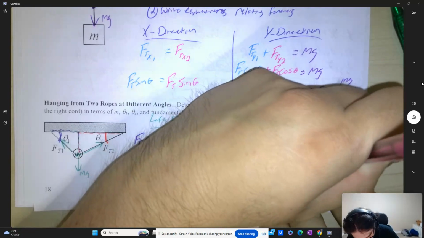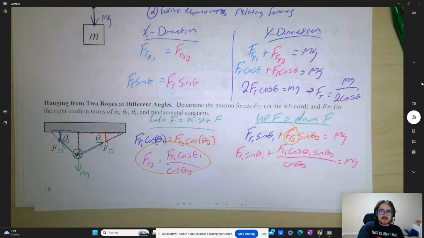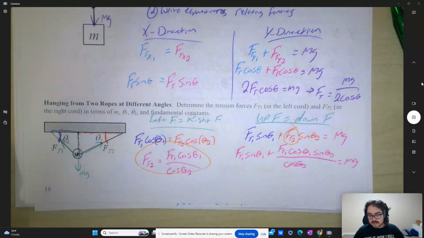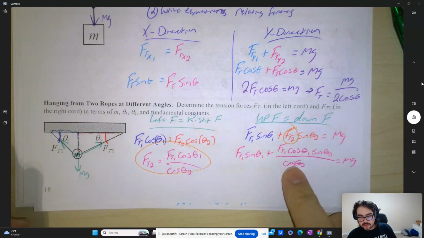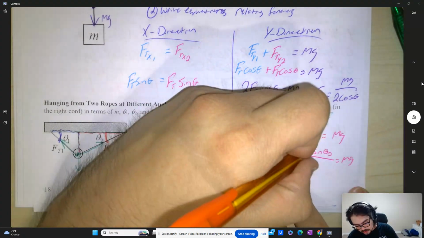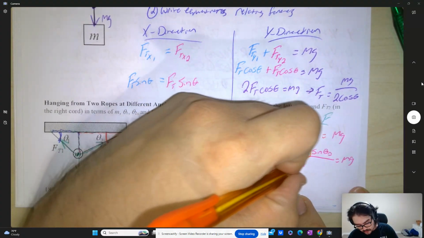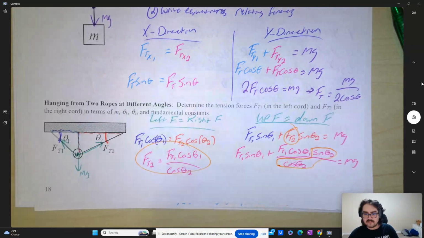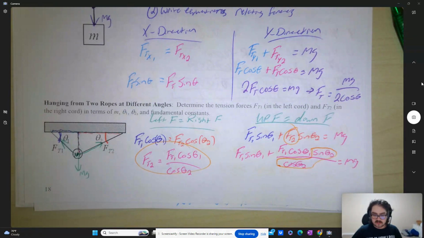Wow, what a mess this is, right? We're making a huge mess, okay? But you can actually make it a little bit easier for yourself, okay? Because if you look closely at that second term, you should see we got sine theta 2 over cosine theta 2. Hey, wait, sine over cosine is tangent, right?